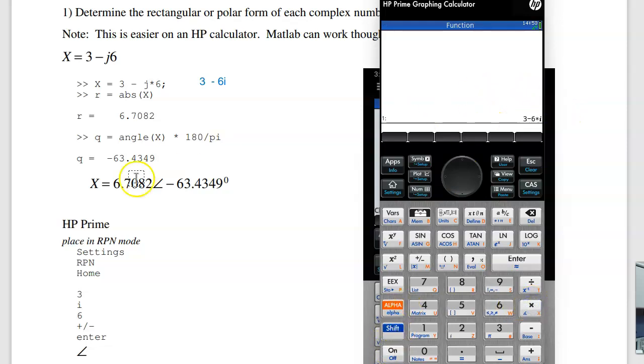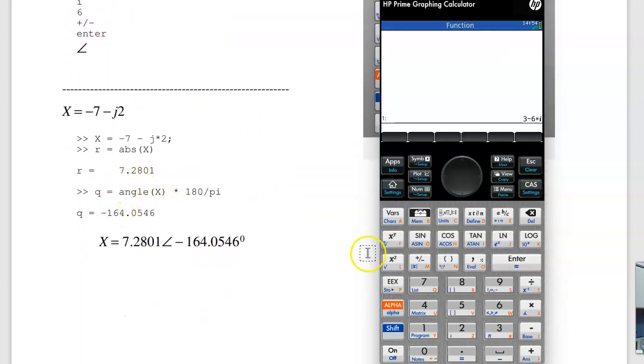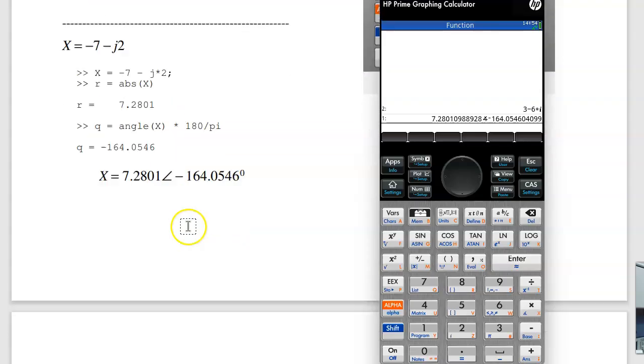Now let's input minus 7 minus j2: 7 negative, i, 2 negative. Push that on the stack. Shift to polar form. That's 7.28 at minus 164 degrees. Or in Matlab, R is the absolute value and the angle is angle converted to degrees. So that's inputting a complex number.